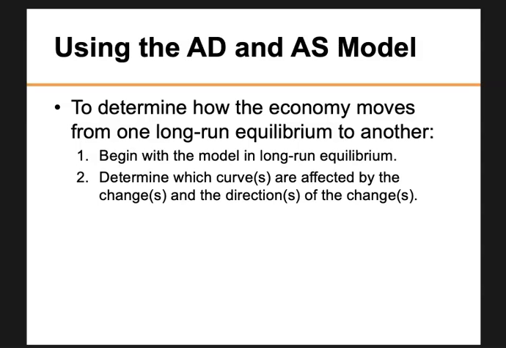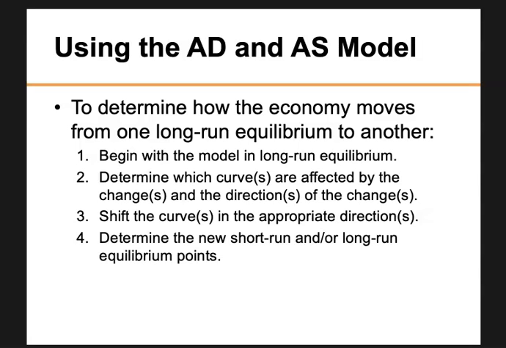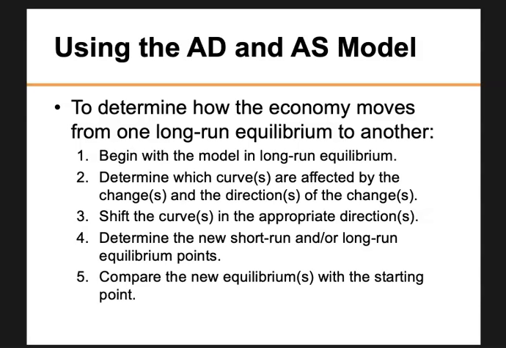We determine which curve or curves are affected by the change and the direction of the changes. Then we shift the curves in the appropriate direction, determine the new short-run and new long-run equilibrium, and then compare the new equilibrium with the starting point.